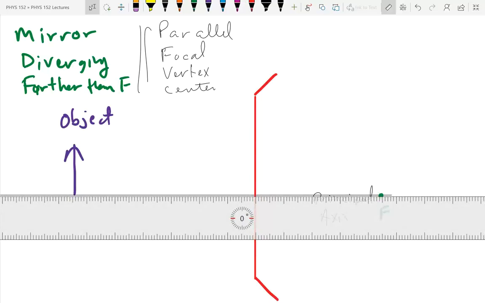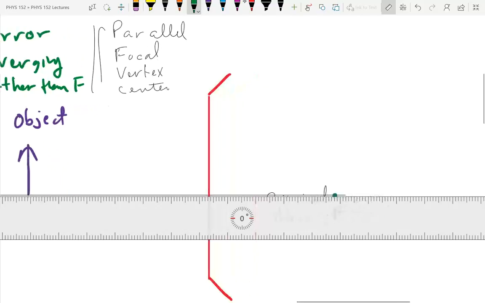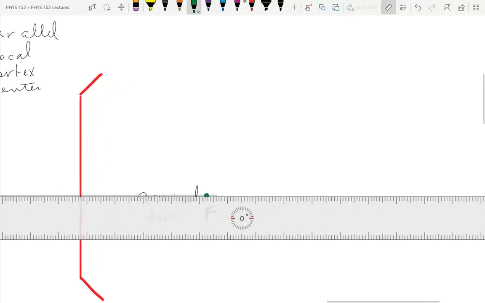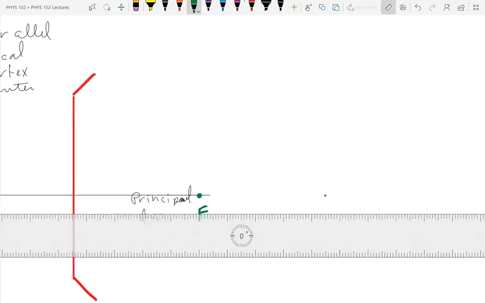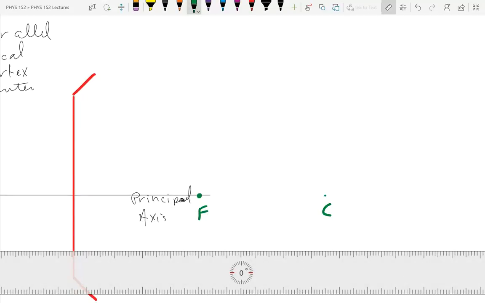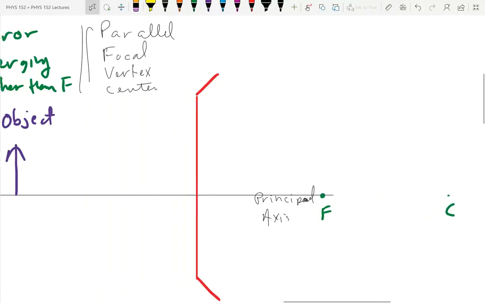So that's 1, 2, 3, 4.5. 1, 2. One, two, three. So that's the center of my mirror.